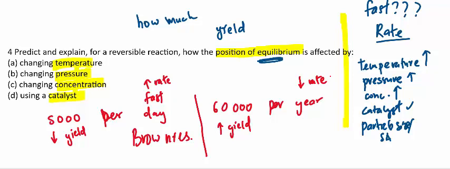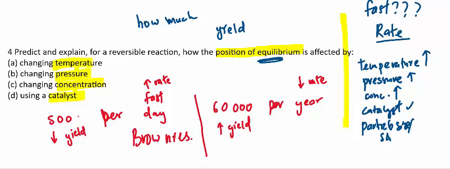Can you see the difference? This one is 5,000, so little only, but in one day. This one is 60,000, a lot, but you have to wait 1 year. So if you are a factory and you are selling brownies, which one do you want? 5,000 per day or 60,000 per year? 5,000 per day.